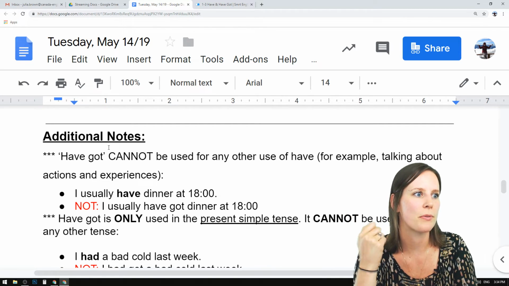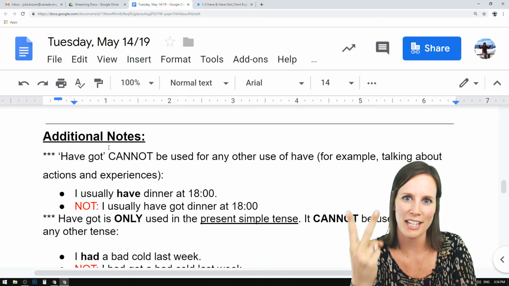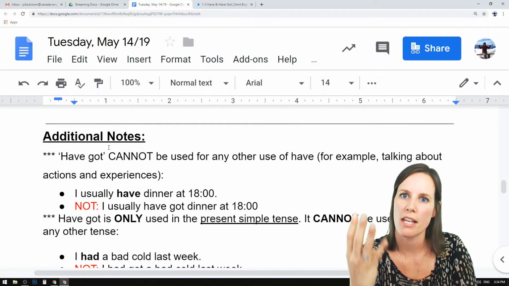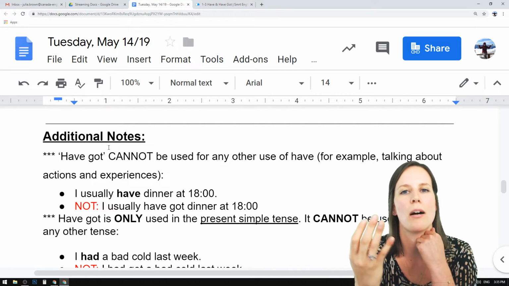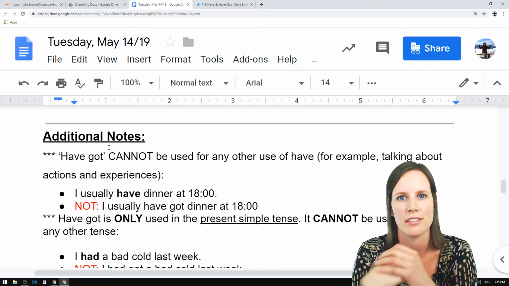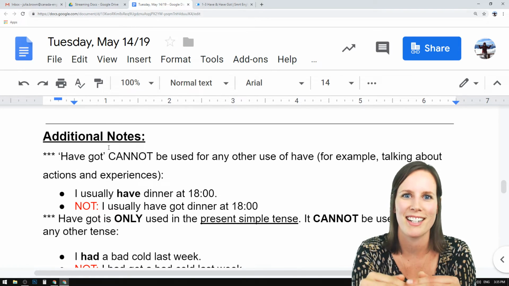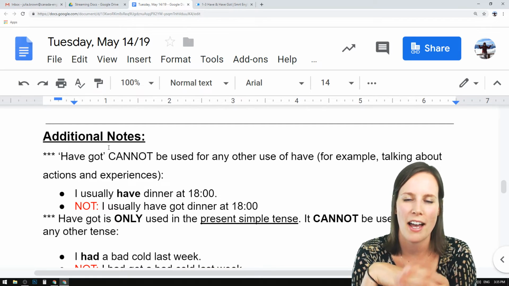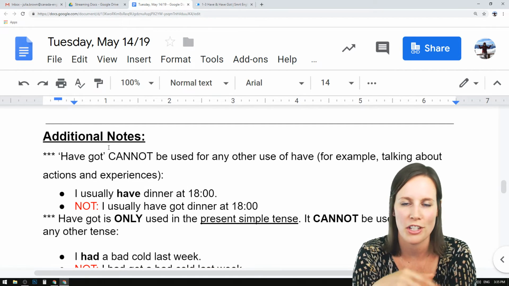And what do we have? Illness, family relationship, possession, obligation, and physical characteristics, okay? Only in those contexts, only in the present tense, can you use have or have got, and it doesn't change the meaning of the sentence, okay?